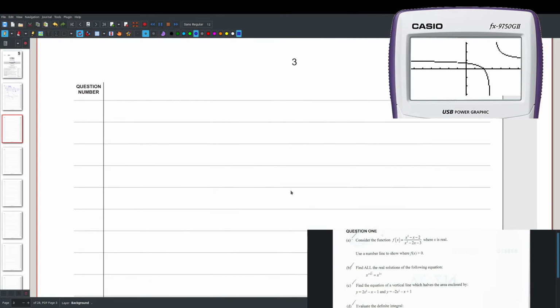Find all real solutions of the following equation. X to the power of x root x equals x to 2x. Alright, so this is a bit of a troll problem, right? Because if x equals 0, that's a bit sussy as well.